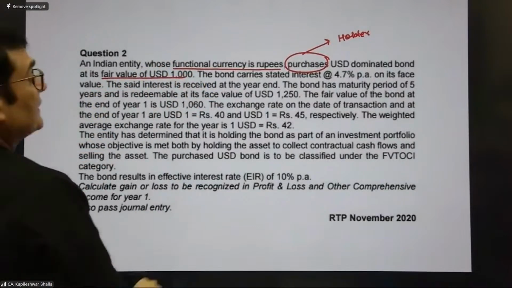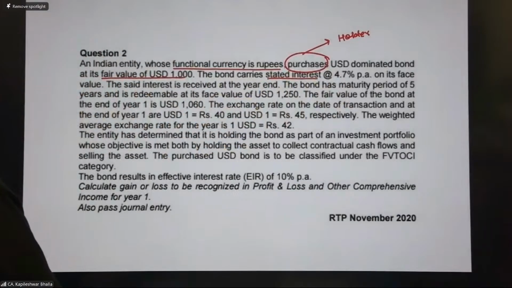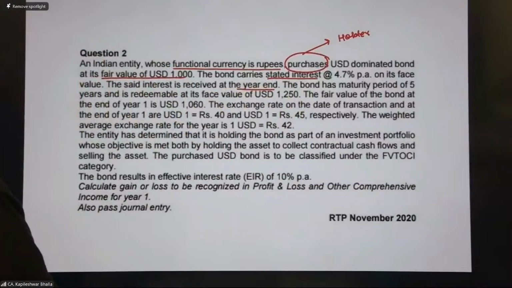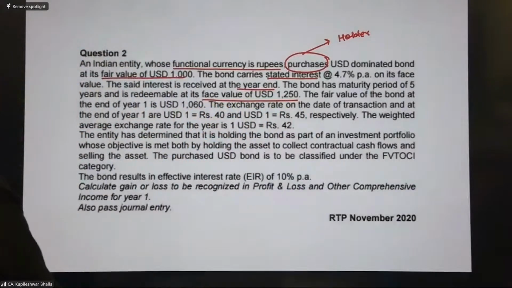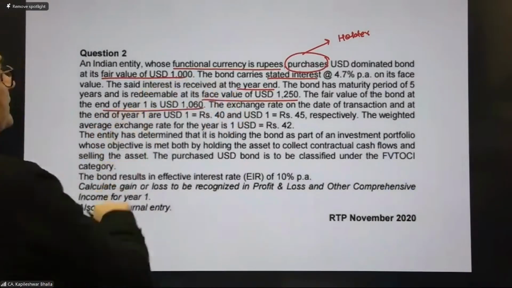The bond carries a stated rate, which is a contracted rate on its face value. The interest is received at the year end. The bond has a maturity period of 5 years and is redeemable at its face value, which is $1,250. And then it says the fair value of the bond at the end of the first year is 1060.